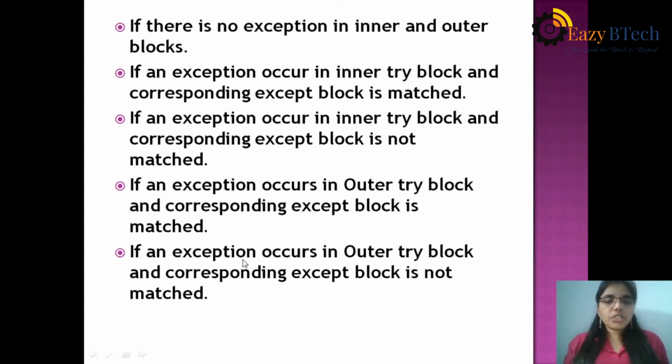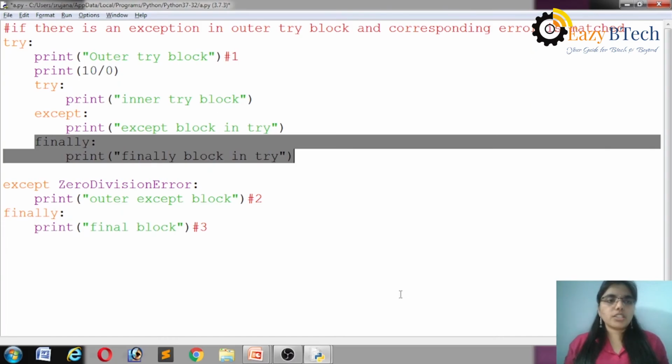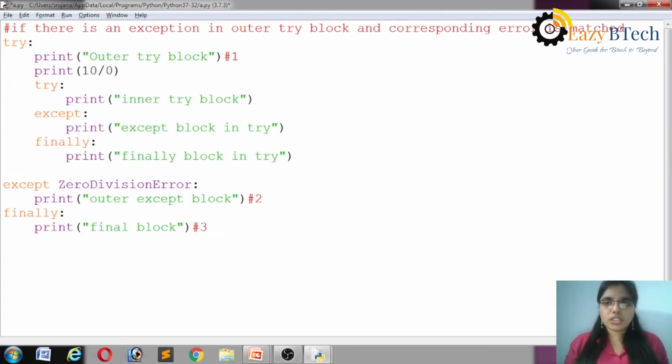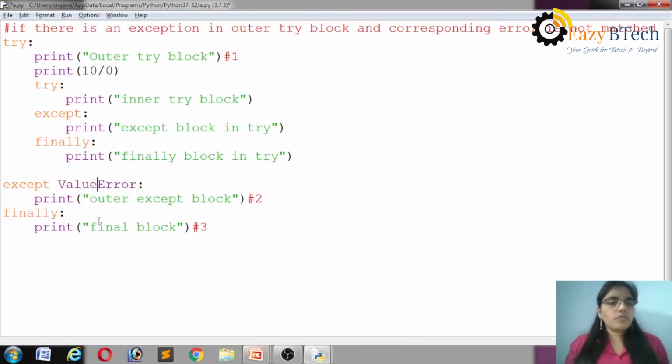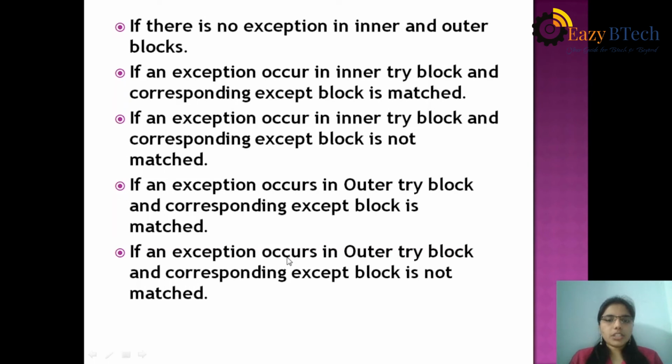Next example. If an exception occurs in the outer try block and the corresponding error is not matched, what will happen? If I am writing value error here.